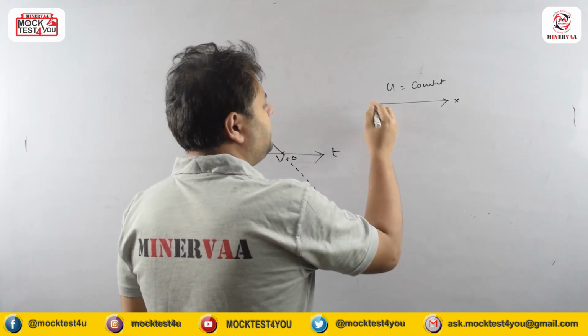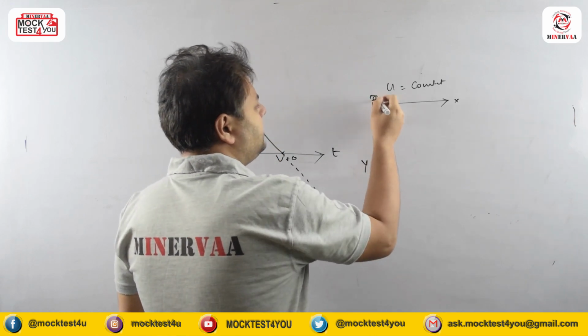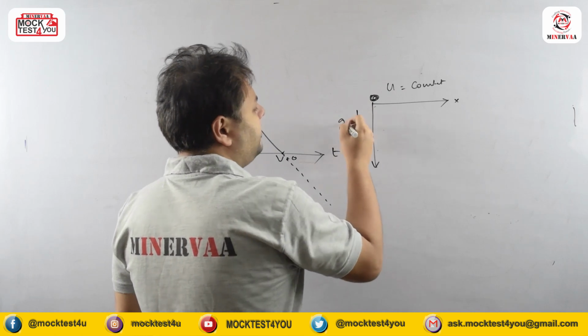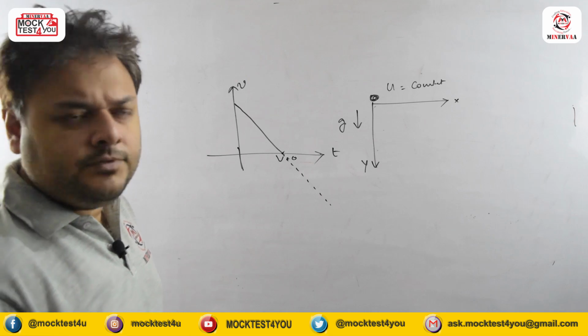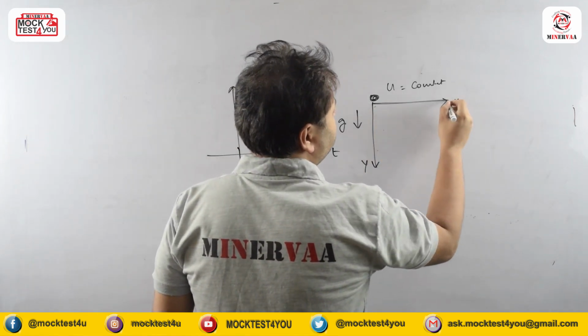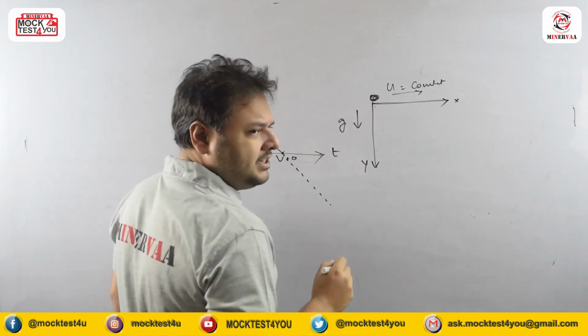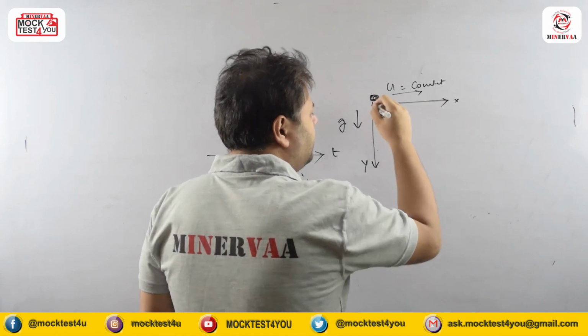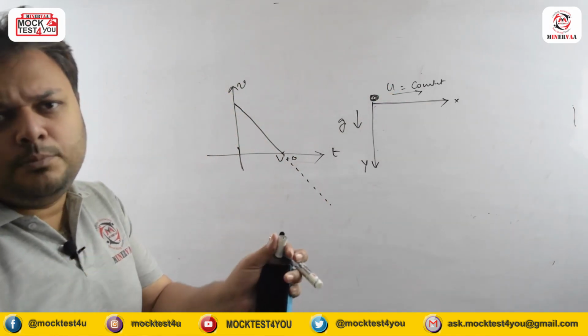So the passenger inside is dropping the coin. The coin is dropping due to gravity, and gravity is obviously along the y-axis if this is the origin, and this is the acceleration due to gravity. The coin is dropping due to acceleration due to gravity, but it has the inertia of motion along the x-axis, and the velocity along the x-axis is constant. So though it is falling down, there will be a tendency of two-way directed motion.